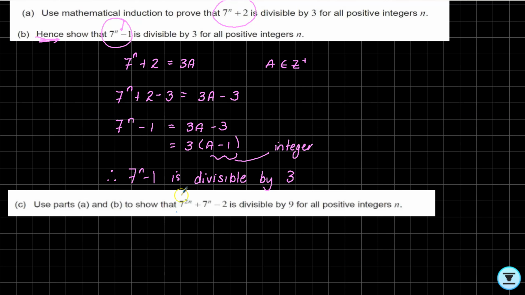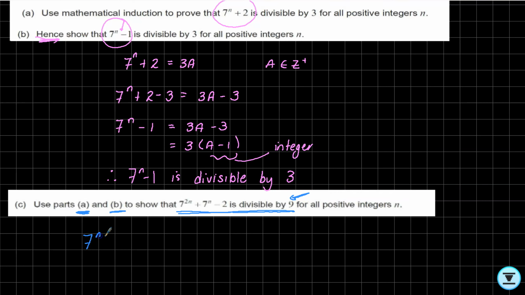Okay, we're trying now to prove this is divisible by 9. Two things lead us into what we should be doing here. The first bit is that it's asking us to use part A and part B. And personally, I'm looking at this 9 here. So if it's asking us to use part A and part B, let's have a look. What is part A saying?